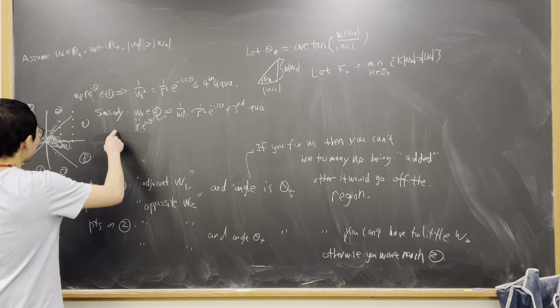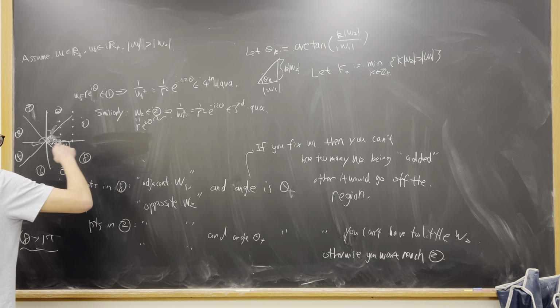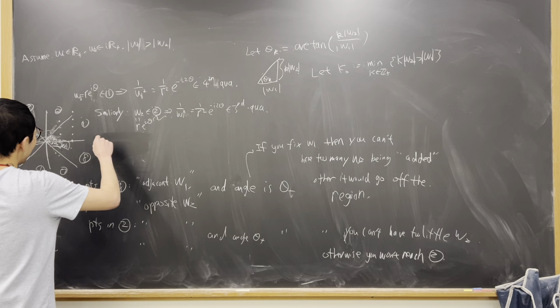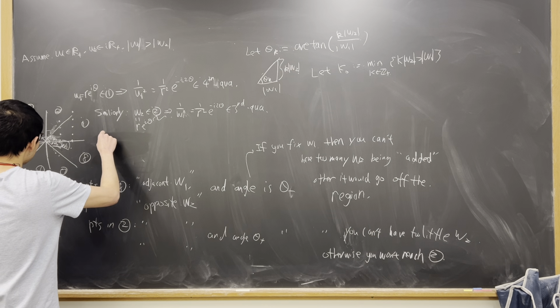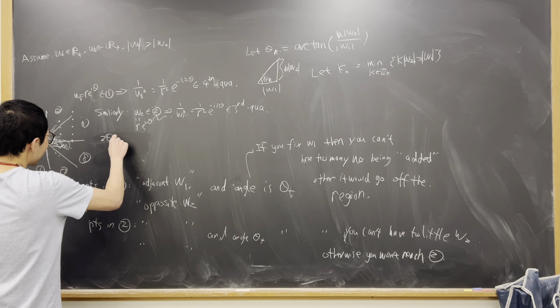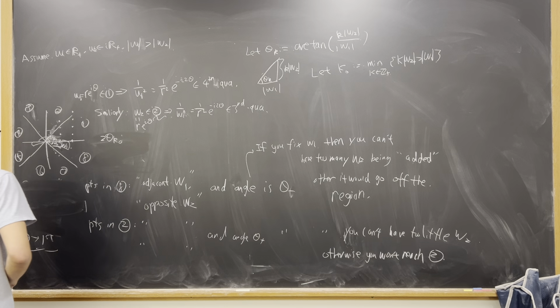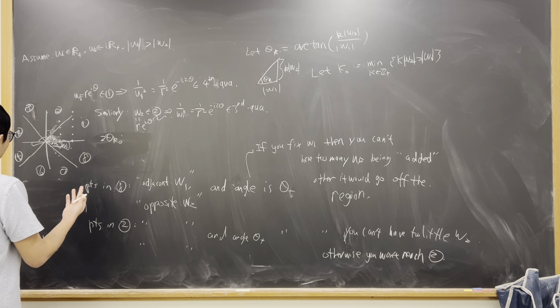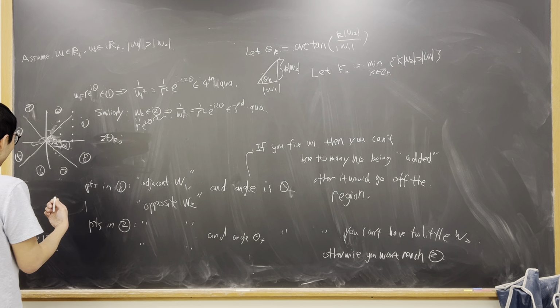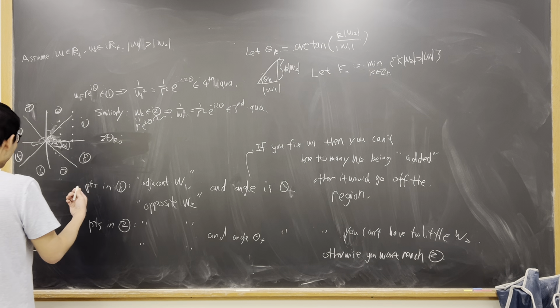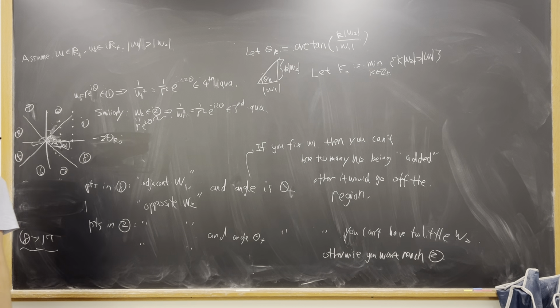The quantity that I'm interested in is 2 theta k naught here. I'm doubling this angle, and then I make a negation to this one. So this is the one quantity that I'm interested in here.